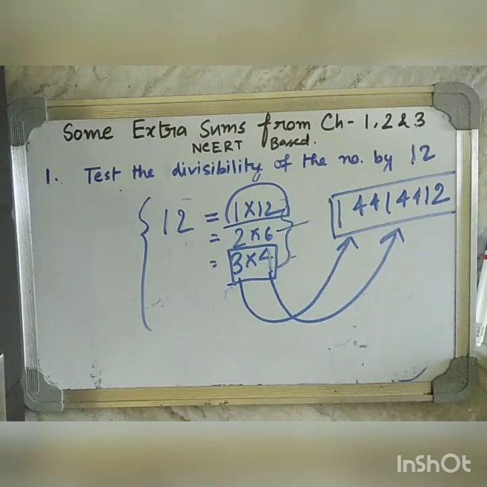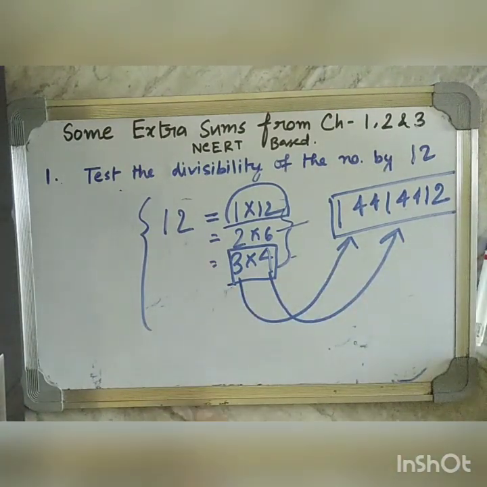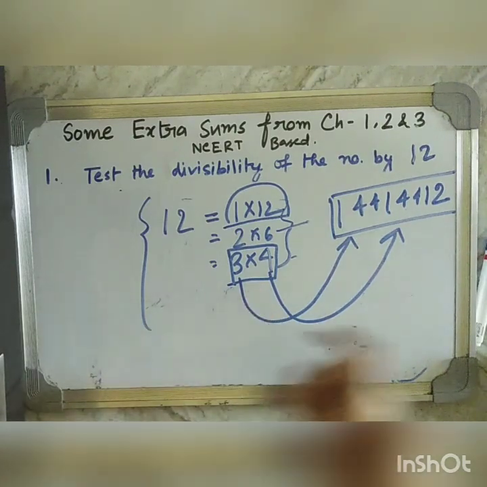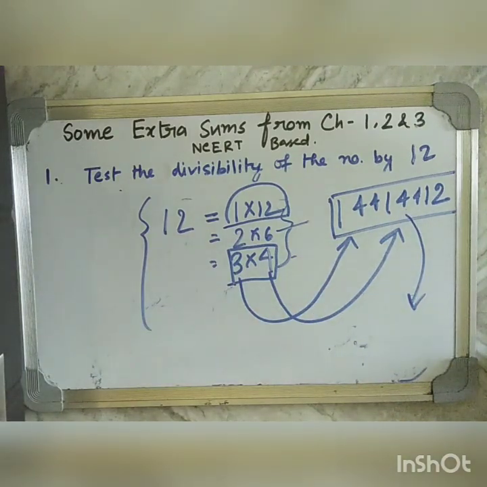Both of the numbers should divide the given number without leaving any remainder. Now for checking the divisibility by 3, we have to add all the digits of the given number. Then we can say whether this number is divisible by 3 or not after dividing the sum by 3.